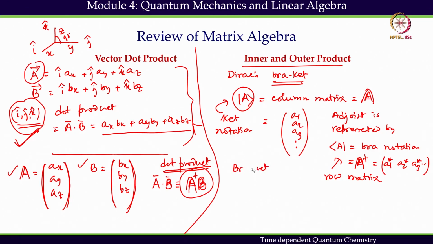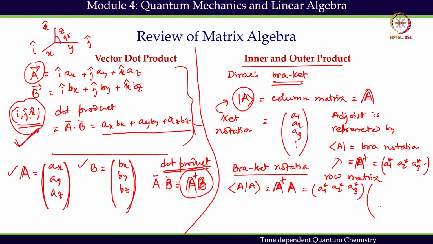In bracket notation, the inner product will be given by this, which in the matrix form is the transpose, the adjoint multiplied by its own. So, it is A1 star, A2 star, A3 star.